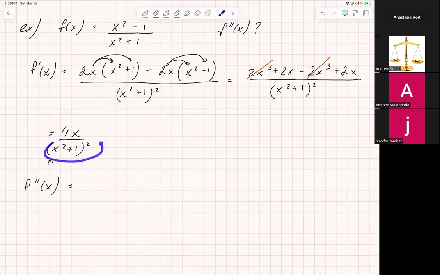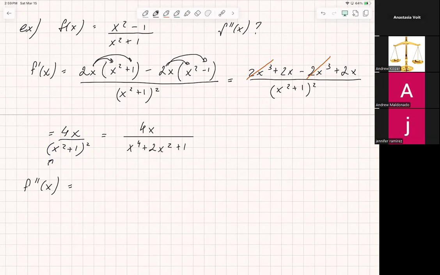Now, here's the thing. In the denominator, again, you have a square, right? So we would need to use the chain rule for that. We don't know the chain rule yet, so we cannot find the derivative of the denominator yet. But if we factor, or expand this expression, we have 4x over x to the fourth power plus 2x squared plus 1, right?